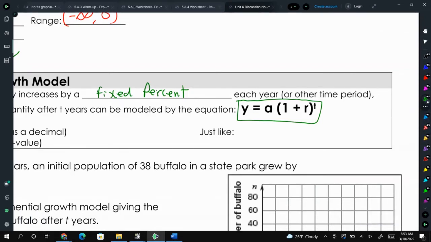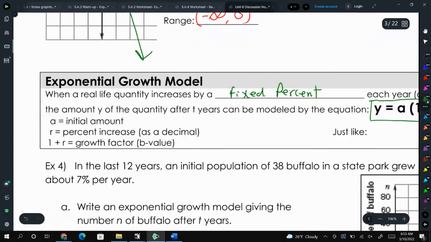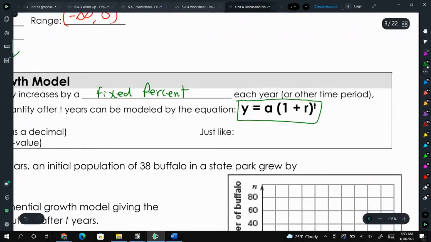A times 1 plus r in parentheses raised to the t power, where a is our initial amount, r is our percent increase as a decimal, and 1 plus r is our growth factor, or our b value.